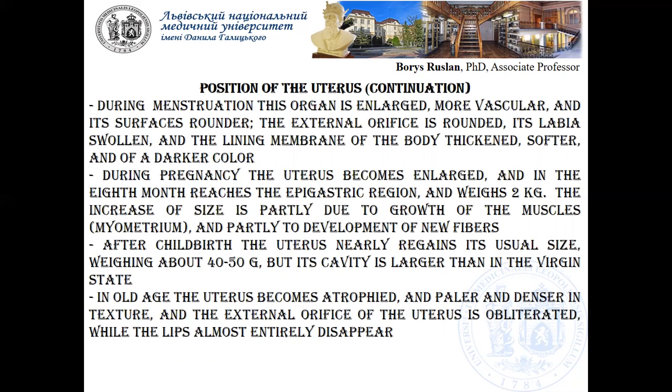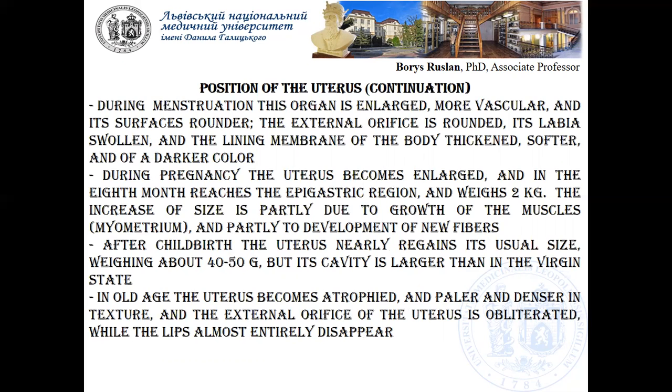During menstruation, the uterus is enlarged, more vascular, and its surface rounded. The internal orifice is rounded, its labia swollen, and the mucous membrane of the body thickened, softer, and of a darker color.